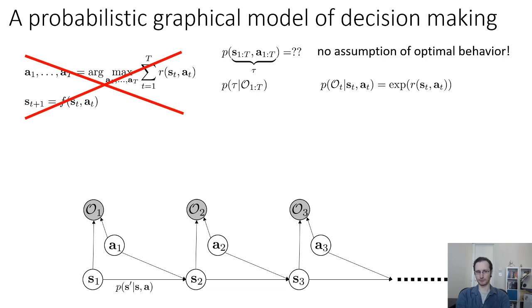Now, there is a technical condition we need in order to make this statement, which is that we need the rewards to all be negative. Because the probability of a discrete, in this case Bernoulli, random variable has to be less than 1, and the exponential of any positive number is going to be greater than 1. So we need the rewards to all be negative, but fortunately optimal behavior is invariant to additive factors in the reward.